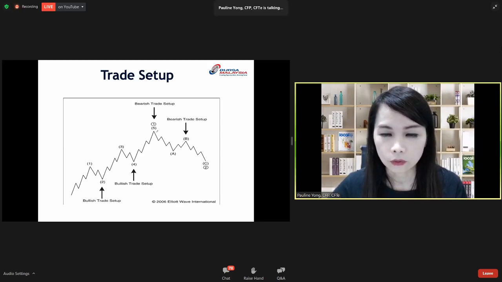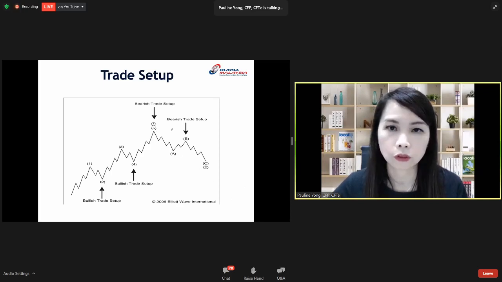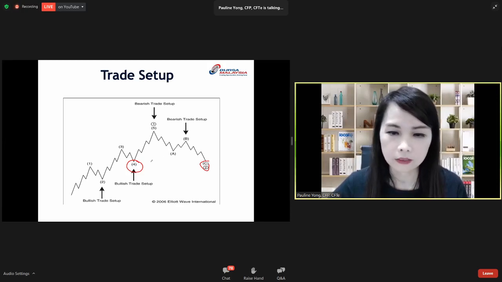Then you know that you need to count a different wave, whereby this will be the beginning of a 5 wave for the downtrend. Okay, so remember, this wave 4 and wave C are important. You want to see whether this C can bounce off from that wave 4 or not. If it cannot, that means that's it.